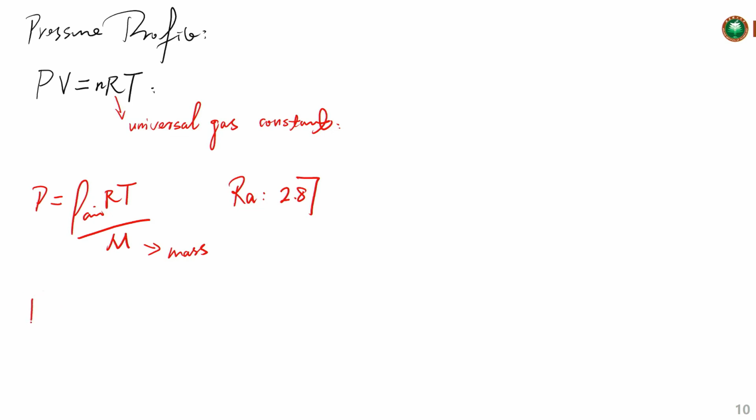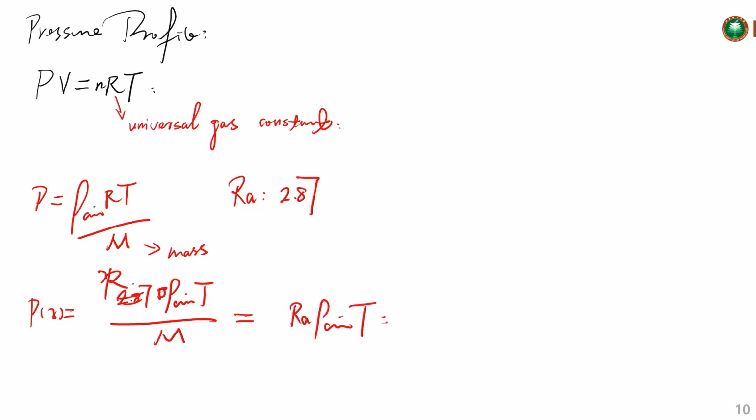So the pressure can be expressed as rho air times Ra times temperature, which can be further evolved to get rid of m. Here r over m is Ra, so P equals rho air times Ra times T. This is a general expression, and as we mentioned previously, it decreases exponentially with respect to the height.